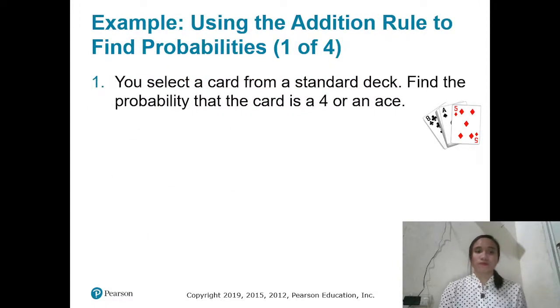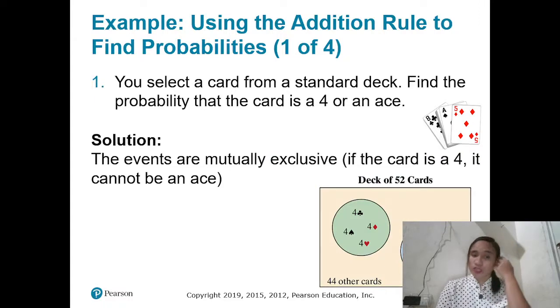For example, you select a card from a standard deck. Find the probability that the card is a 4 or an ace. Solution: the events are mutually exclusive because if the card is a 4, it cannot be an ace. The deck has 52 cards, with four of each rank across diamonds, hearts, clubs and spades.